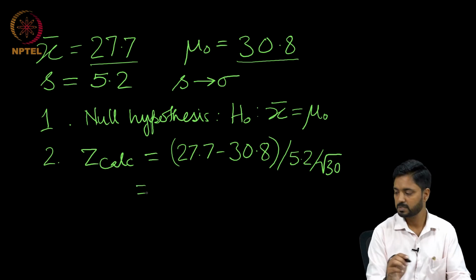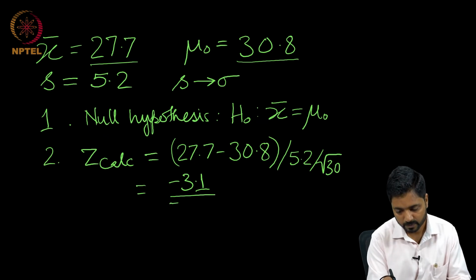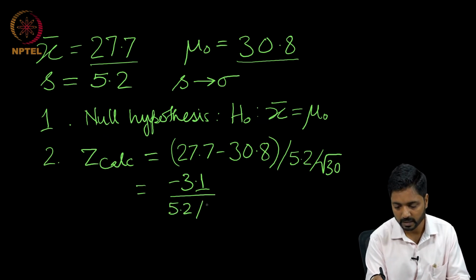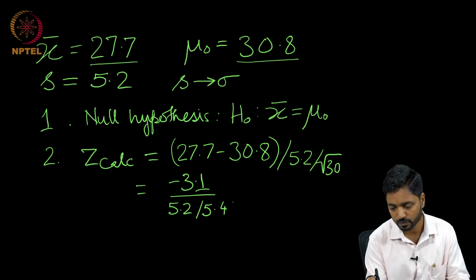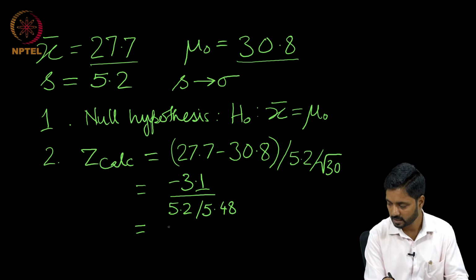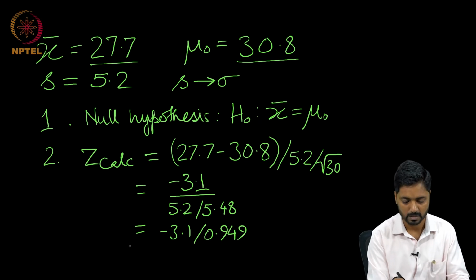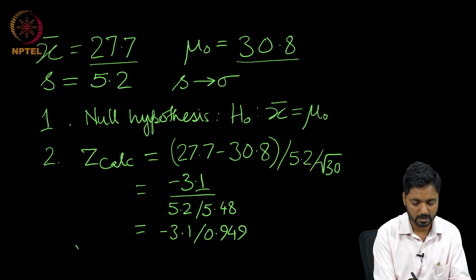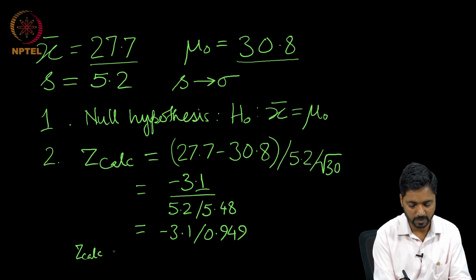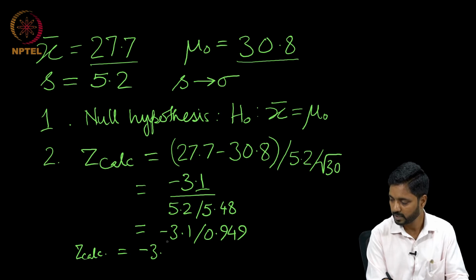Now, this comes out to be minus 3.1 divided by 5.2 by 5.48, or finally minus 3.1 by 0.949. In other words, the final z calculated value turns out to be minus 3.26.